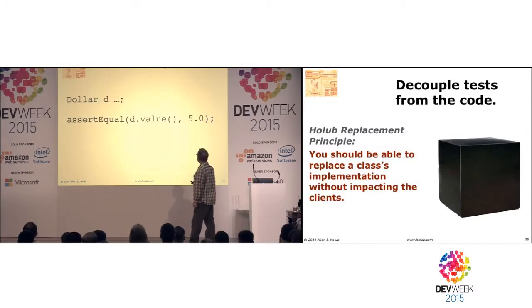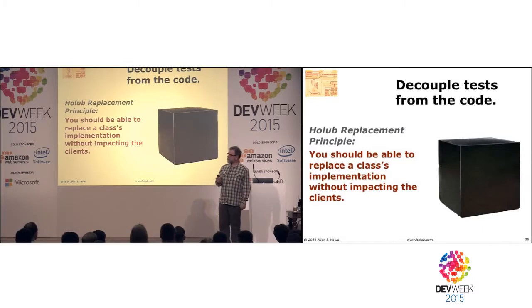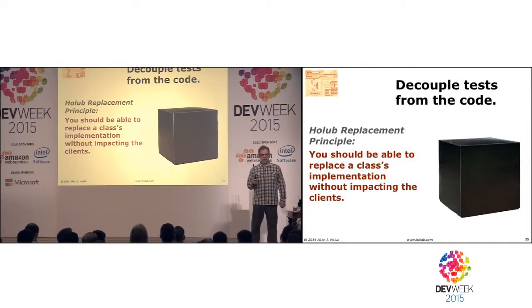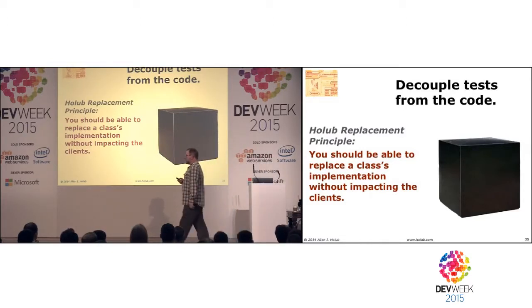Now, going back here, the testing, this is particularly important in testing because you don't want your tests to break. If the test bar goes red, we're in deep trouble. And we really don't want to be in a situation where we make a small change and half of our tests stop working. So the more your tests depend on the implementation of the object, the more fragile they'll be.